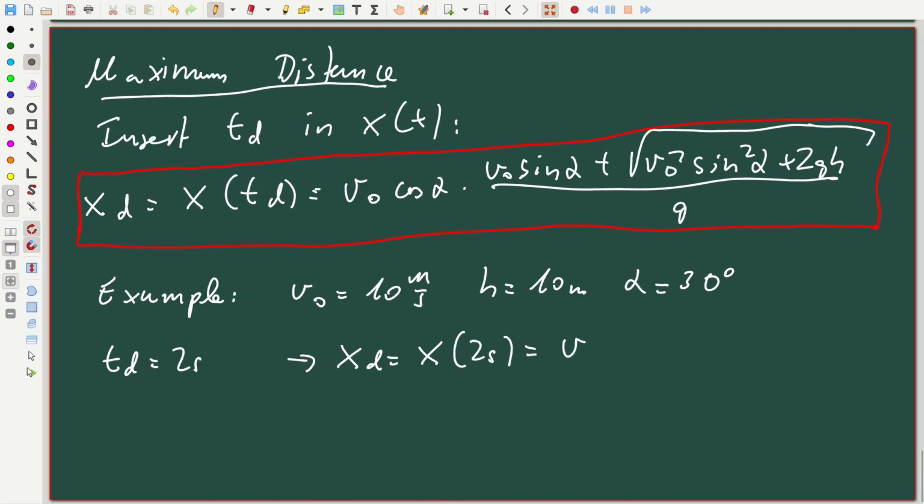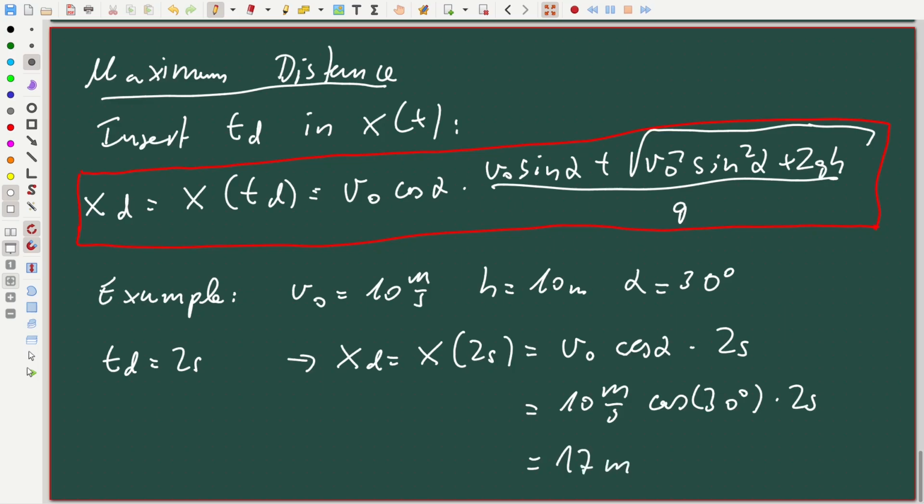So I will write v0 cosine alpha times 2 seconds, which is 10 meter per second times cosine of 30 degrees times 2 seconds. This at the end results in approximately 17 meter. This is the distance that our object travels before it hits the ground again.